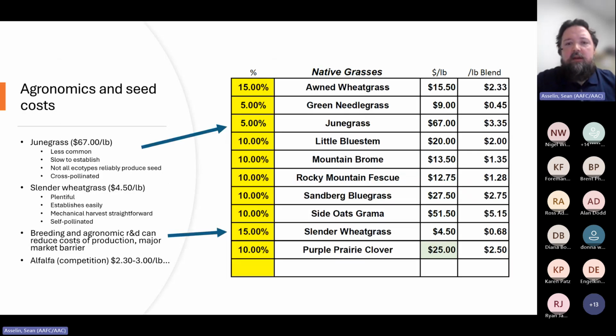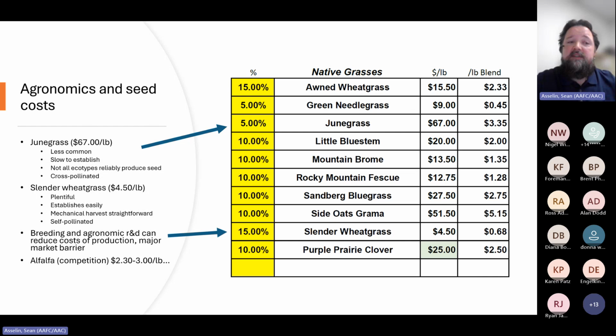Just as an example here, this is a seed mixture from a company that we're working with for a restoration project right now. And just a little bit of comparison between the biology of the species we're looking at and the impact this has on the price point. Something like June grass, which is a fairly common species, but it's not as common as something like slender wheatgrass.